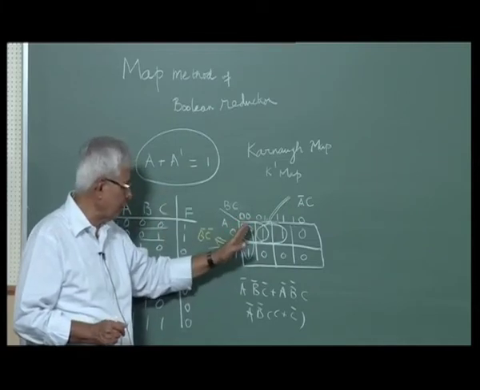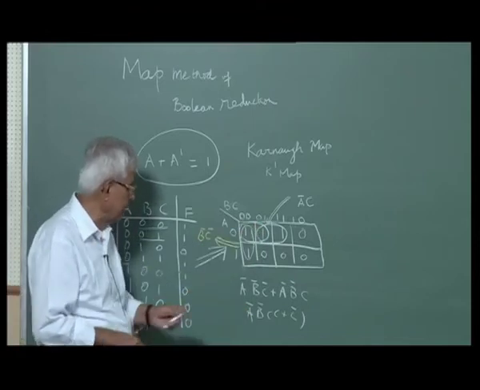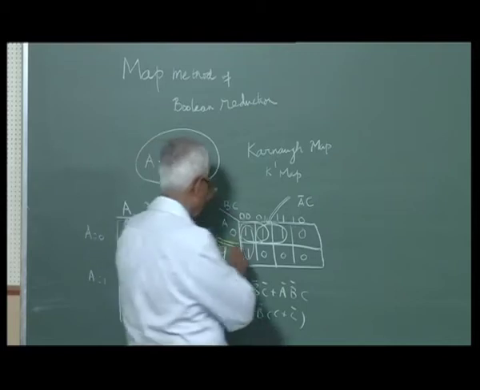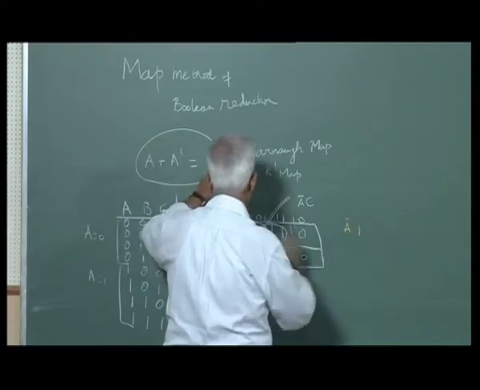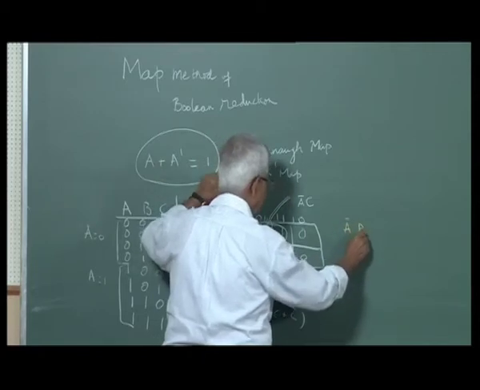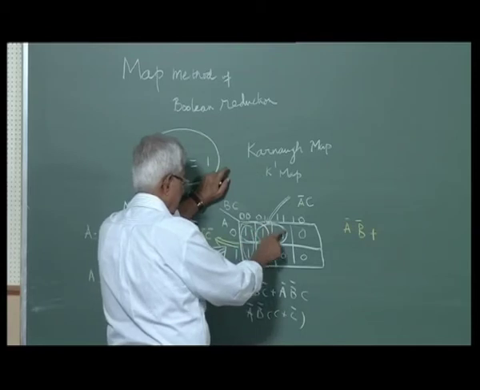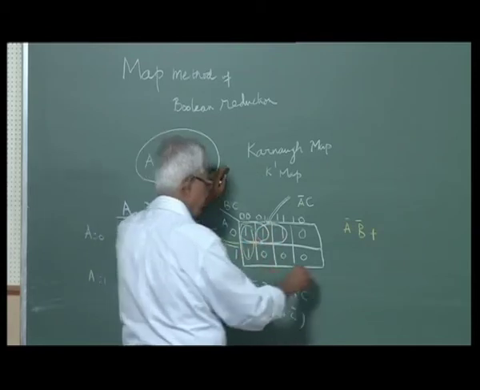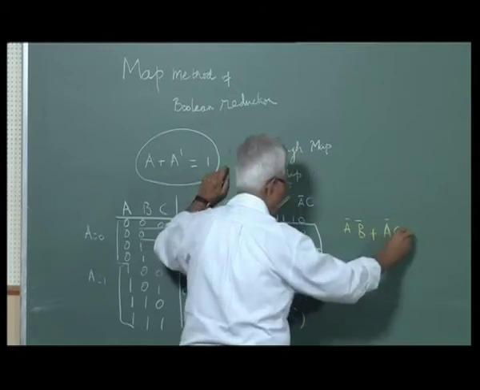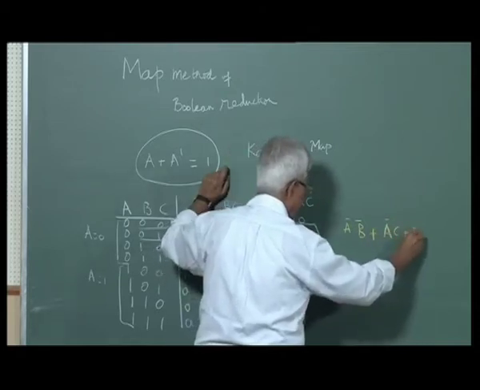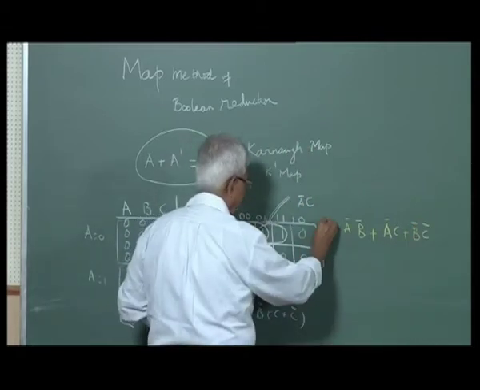Whichever variable does not change will appear in the final result. So this is now A bar B bar, or A bar C, or B bar C bar. This is my F.